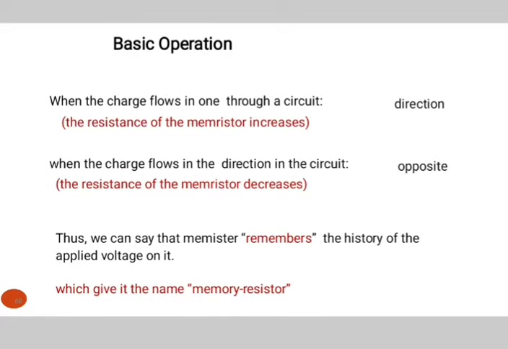Then when the charge flows in one direction through the circuit, the resistance of the memristor increases. When charge flows in the opposite direction in the circuit, then the resistance of the memristor decreases, and we can say that the memristor keeps the history of the applied voltage on it, which gives the name memory resistor.